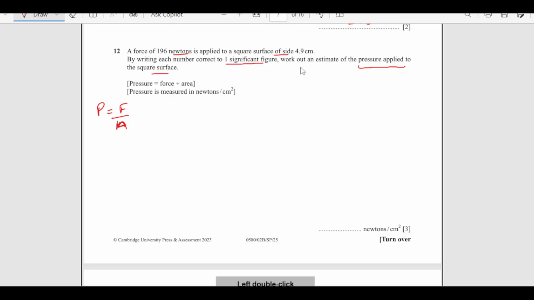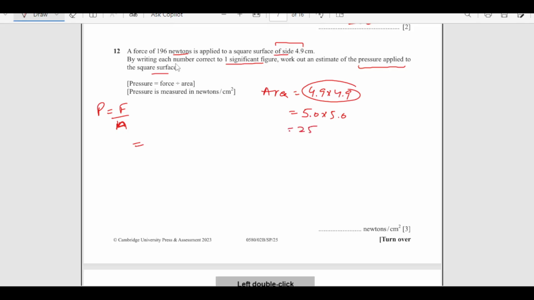Now for the area of the square, we are given the side, it is 4.9. So area is going to be 4.9 times 4.9, but it says to use an estimate to one significant figure. So these two to one significant figure are going to be 5.0 times 5.0, right? So this is 25, so area is 25.